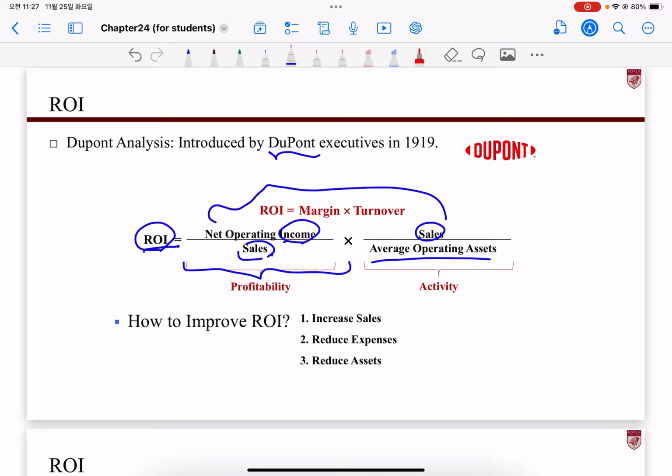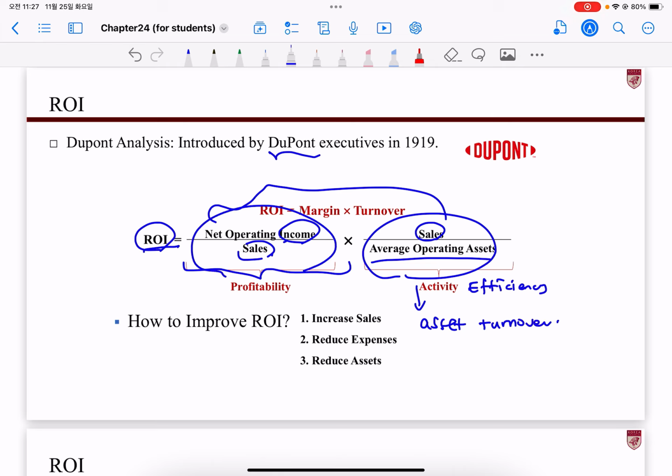The other part is called the efficiency measure or the activity measure, which is sales over assets. This part is called the asset turnover. The former part is called the profit margin. So profit margin times asset turnover is the ROI.